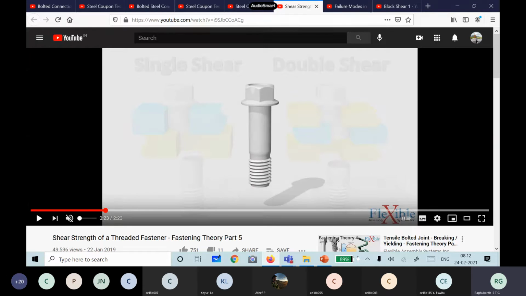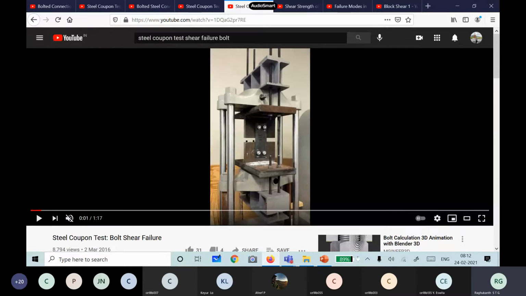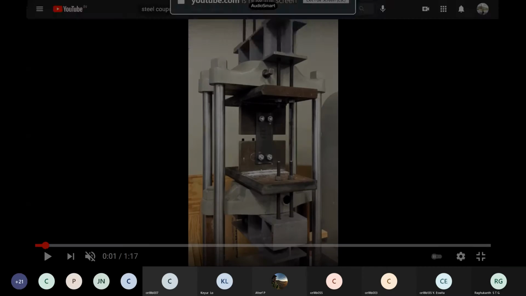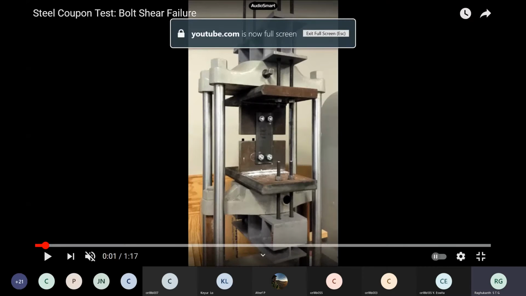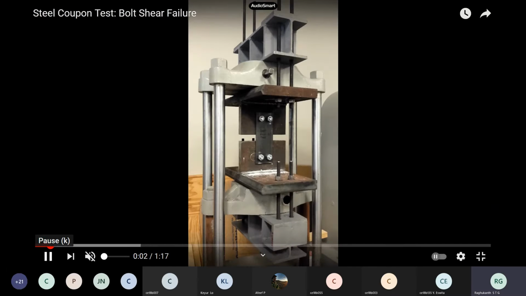Now I think one more thing was there. Where is that? This is also shear failure. This is a typical test. Two bolts are there here. You can watch the bottom two bolts, how the failure happens.